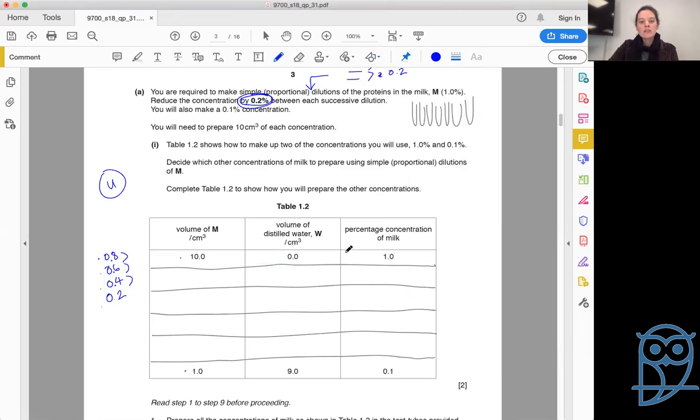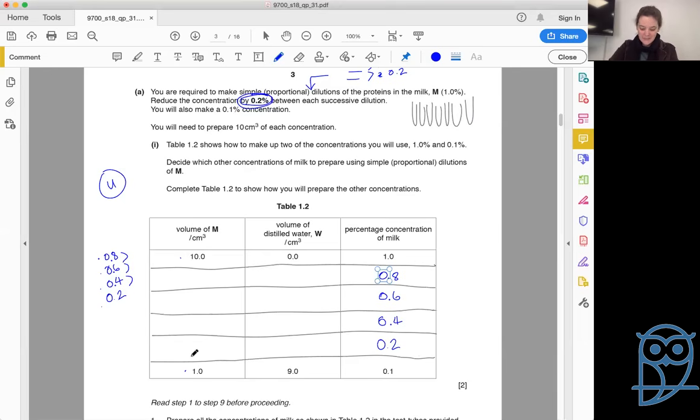So we know the percentage concentration of milk that we're going to do is 1, 0.8, 0.6, 0.4, 0.2, and then there's the 0.1. So how are we going to do these? Well, what's quite nice is there's a pattern always for it, simple. 10 and 0 makes 1. 1 and 9 makes 0.1.